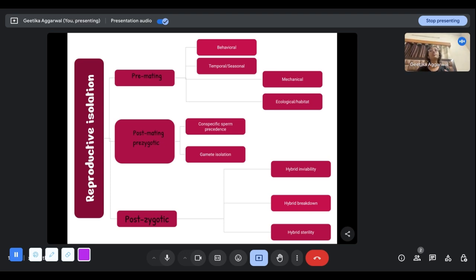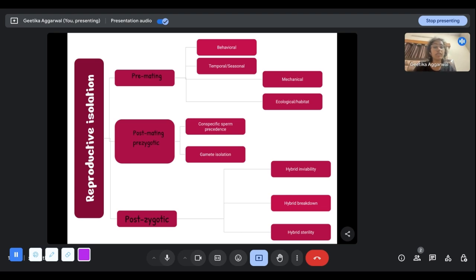Temporal or seasonal isolation means when individuals reach their maturation in different seasons or at different times. For example, say there is a cricket species which breeds in summer, and another cricket species which breeds in monsoon. Say population one breeds in the months of May to June, and population two breeds in August to September.